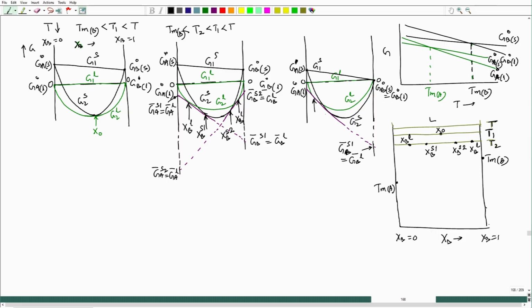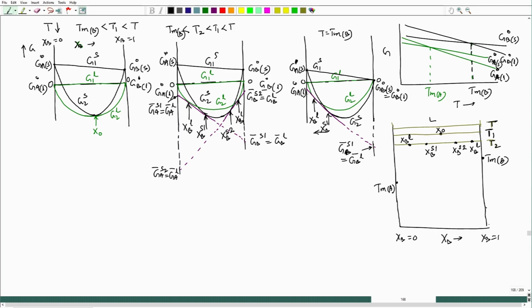So, these two compositions are in equilibrium, and these two compositions will actually shift towards left as compared to T2. So, this is T equal to TMB, which is less than T2, and this composition XBS1 XBL and this is XBS1, these two compositions will shift towards left as compared to the situation at T2. Okay.